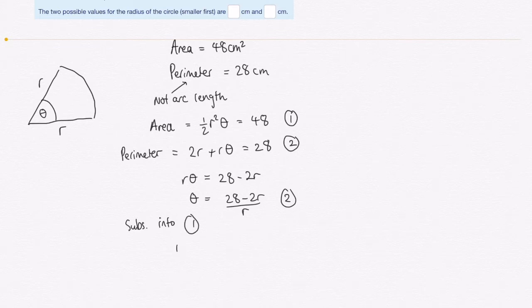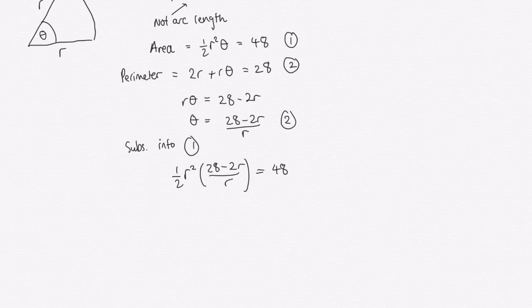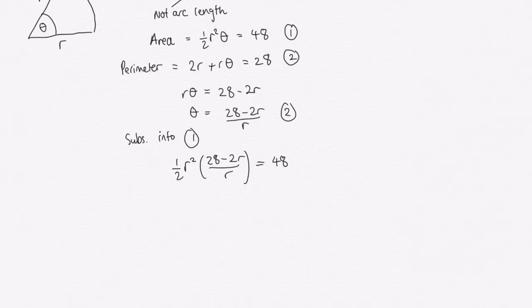So we get a half r squared times 28 minus 2r over r is equal to 48. And this is an equation in r that we can solve. Let's do a little bit of simplifying. We can cancel a factor of r: r squared divided by r is r, and then we have 28 minus 2r all over 2 equals 48.